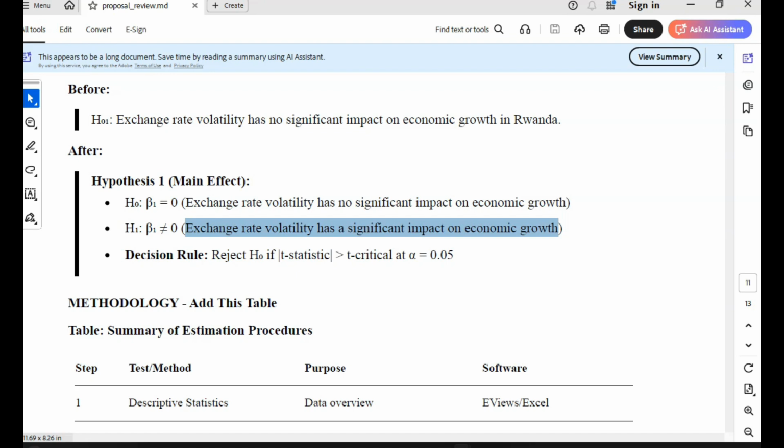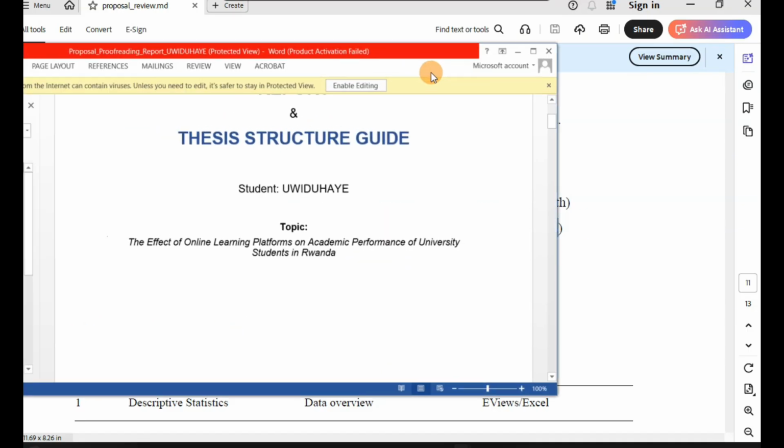Let me see whether there is nothing from. But it's a good topic. It's a good topic. Maybe you can see the name. The name is my name. Who is Uiduhai? It's you. Okay. No, it's a good topic.